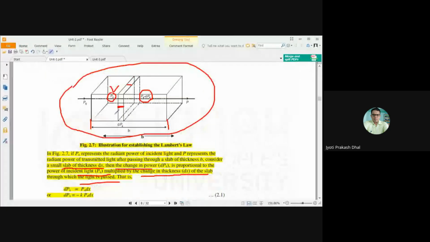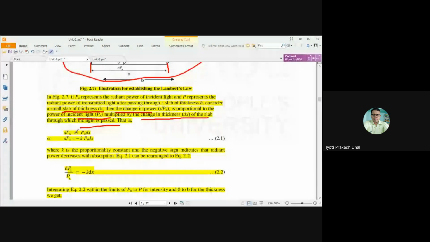So the change in intensity is dPx. Before passing through the small slab, the intensity was Px, and after passing through, the intensity is Px minus dPx. Now here dPx is directly proportional to the intensity of the incident light Px times dx.